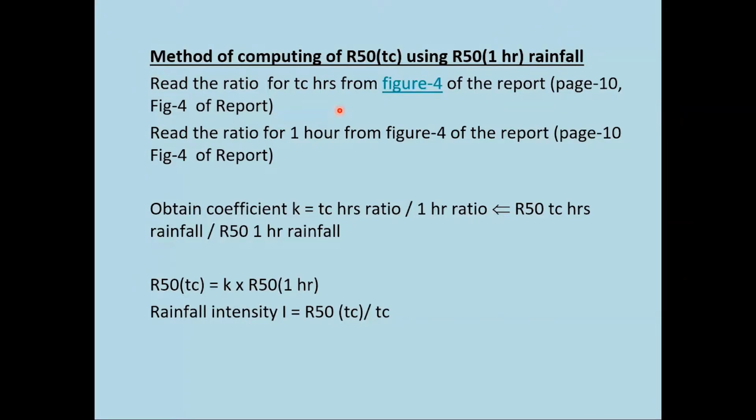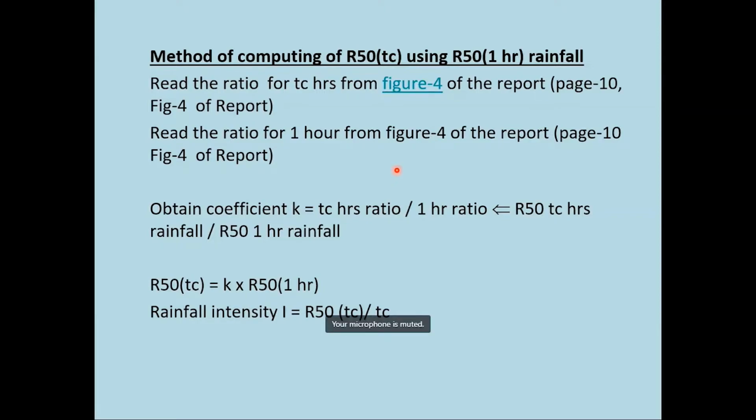Then I have found out the R50 24 hours. Then I have found out the effect of the catchment area properties on which the rain is falling. Then I have found the areal reduction factor. Thereafter, I have to find the R50 TC.